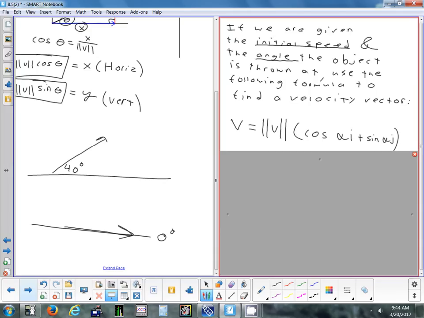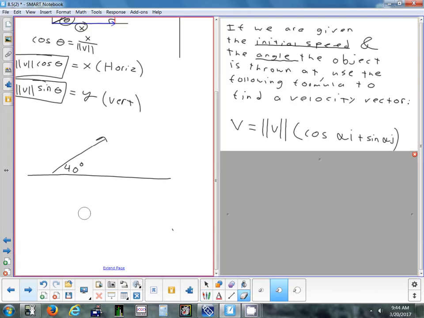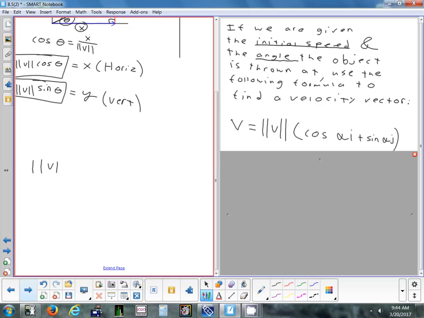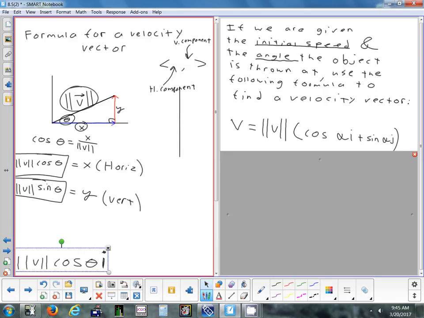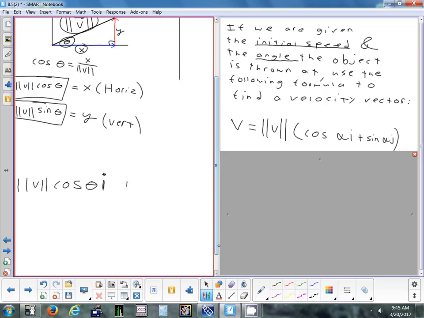Okay, so there's our formula. Now, I didn't write it the old way. I just wrote it the new way. Horizontal component, cosine of your angle, i, and then it would be plus your vertical component times sine of your angle, j.